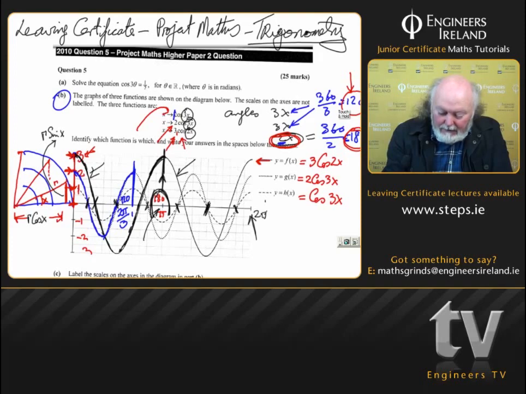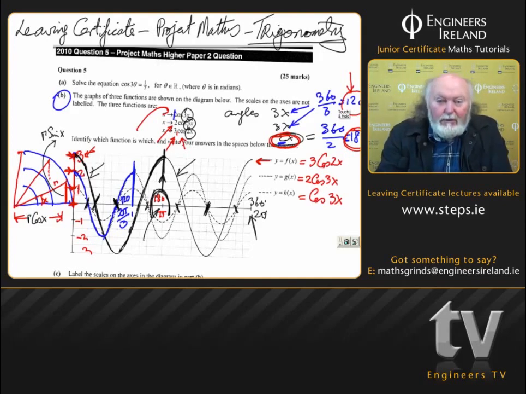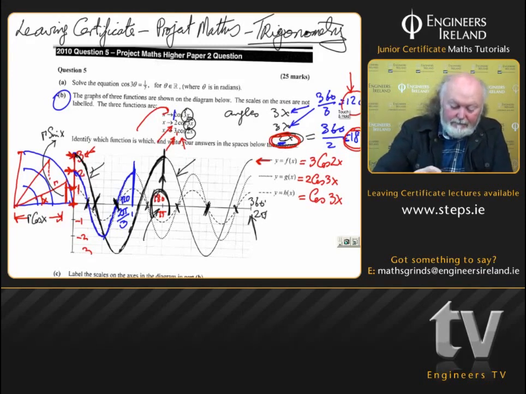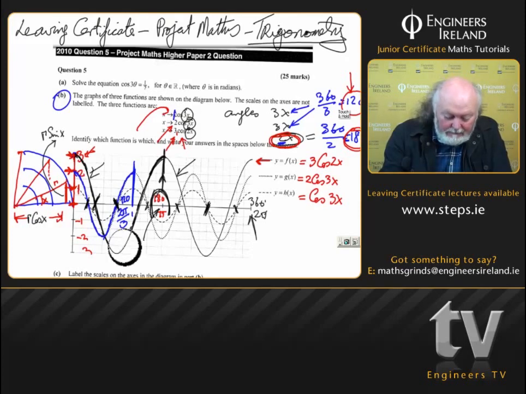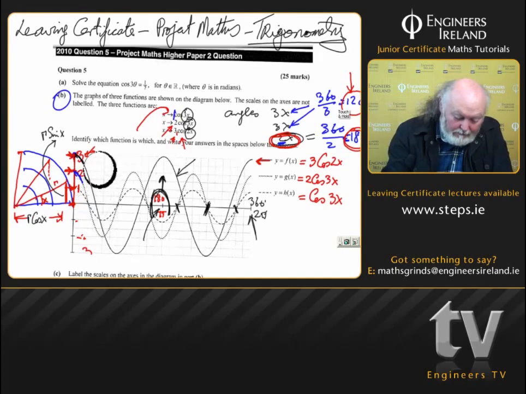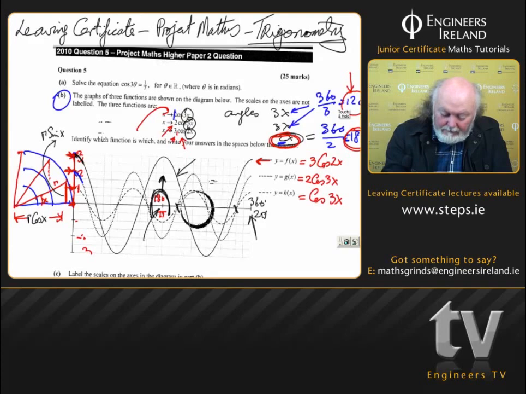And this should be 2 pi, which is 360. And even though we can work out all of these other locations, I don't believe we've been asked to do that. We were just asked to label the axes. So our life now gets easier. We shouldn't have any more than that to do here, because we weren't asked for more than that.